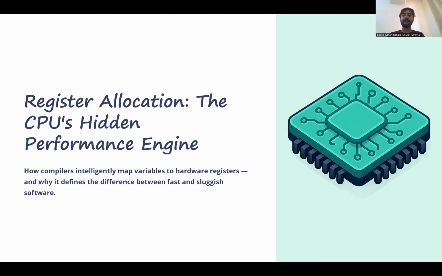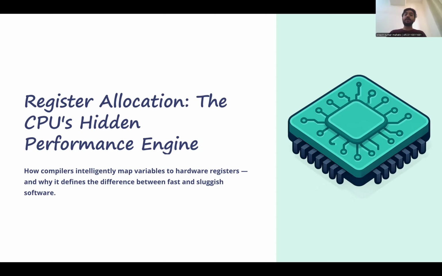The CPU can access registers much faster than RAM. Because of this, keeping important data inside registers efficiently improves performance. If variables are not managed properly, the CPU spends more time accessing slow memory. So register allocation plays a major role in making software fast, efficient, and responsive.